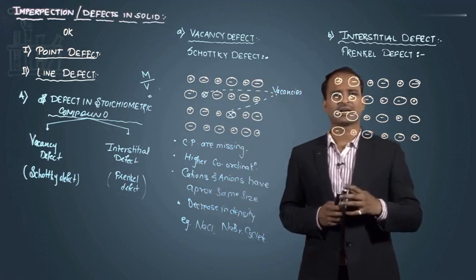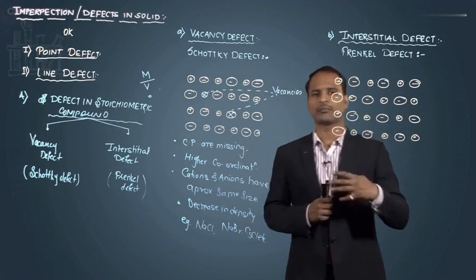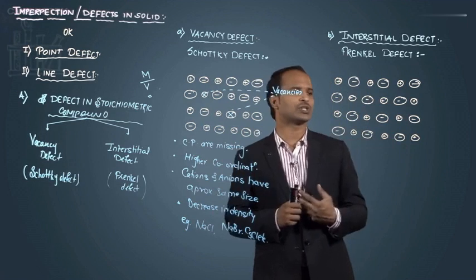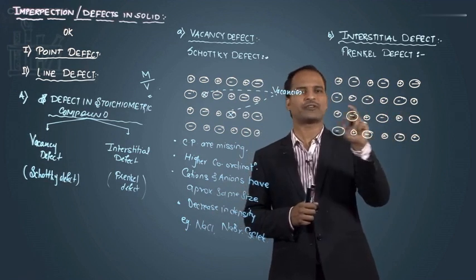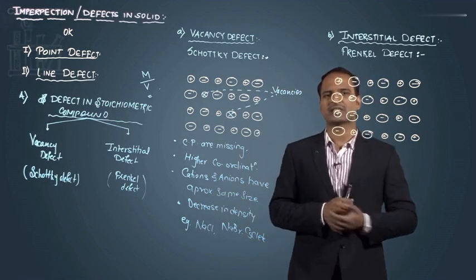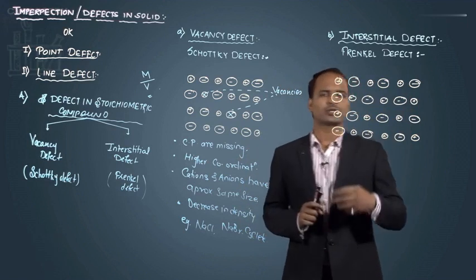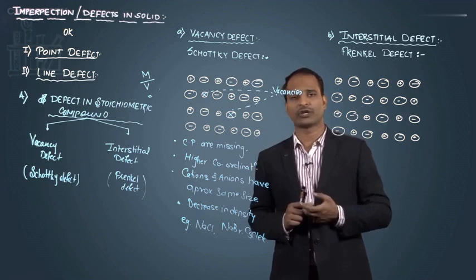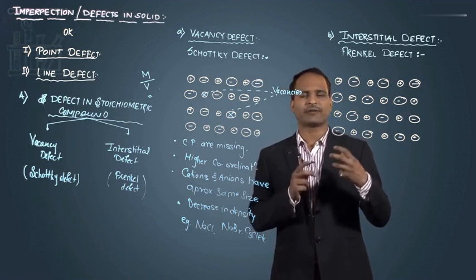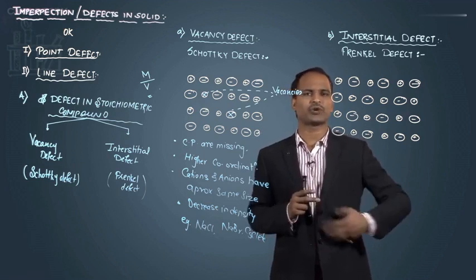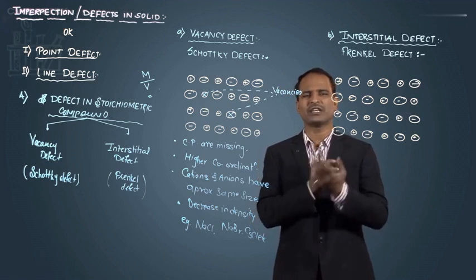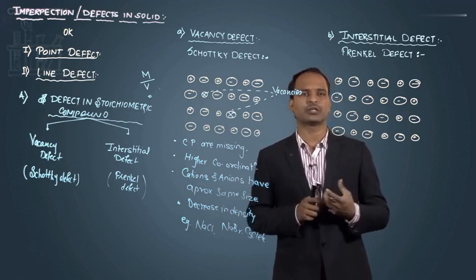As I said, the cation being very small migrates from the actual lattice point to an interstitial point. These are the interstitial points which are left between the particles. Interstitial is nothing but like a void, another name for a void. The cation migrates from the actual lattice point to some interstitial place, anywhere where spaces are left between the particles.